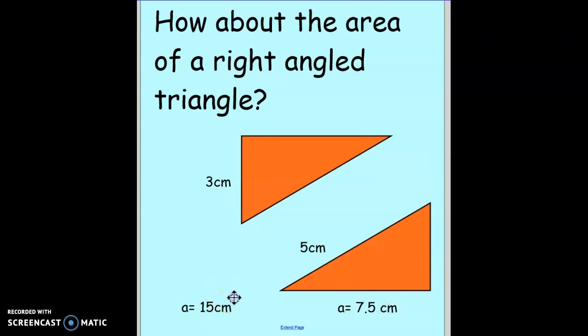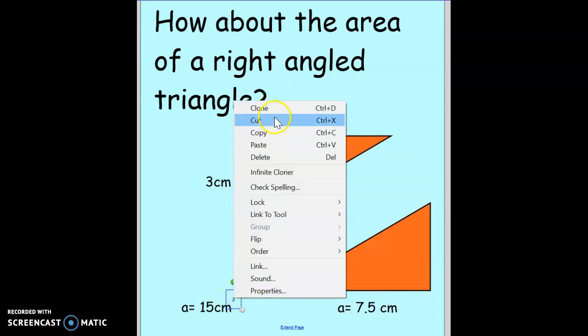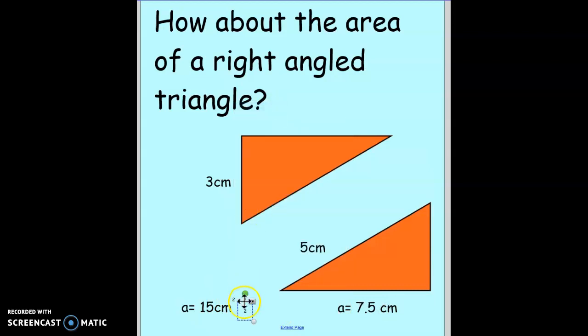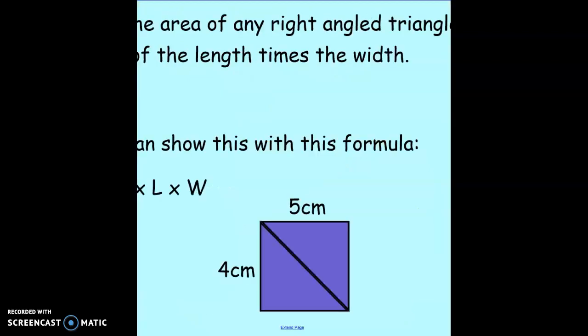So let's just pop that there and clone it. So my area of this triangle is 7.5 centimeters squared. It's half the area of the rectangle. And that's a little bit of extra learning I want you to do today. For those of you that are pushing yourselves, the area of any right angle triangle is half times the length and the width. Let's have a look at this.